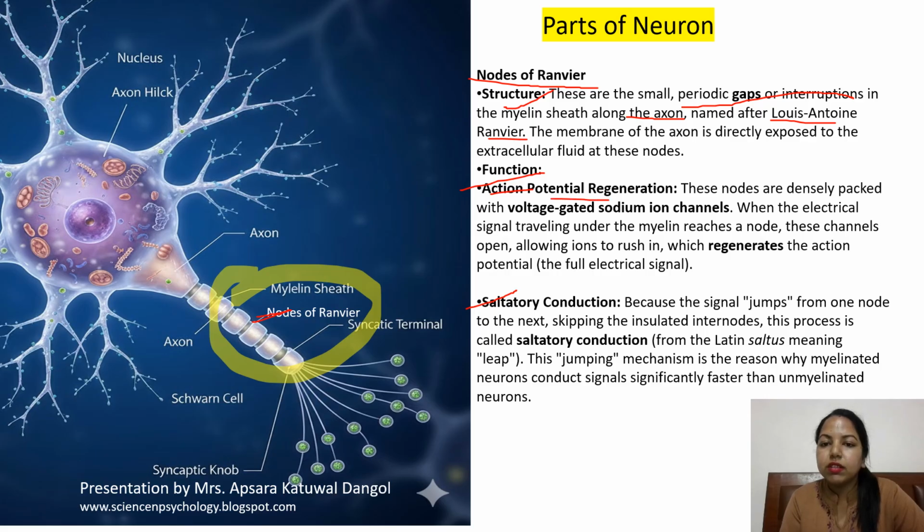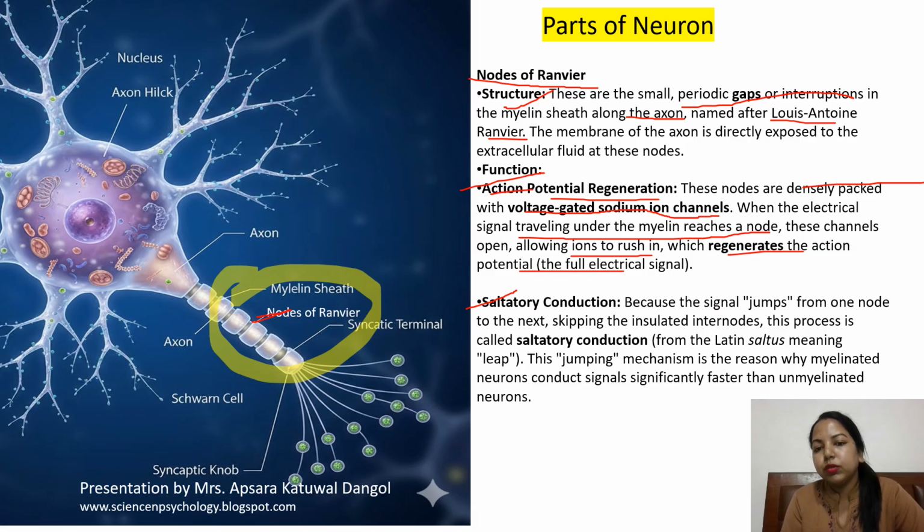Action potential regeneration means these nodes of Ranvier are densely packed with voltage-gated sodium ion channels. When the electrical signal travelling under the myelin reaches a node, these channels open, allowing ions to rush in, which regenerates the action potential.